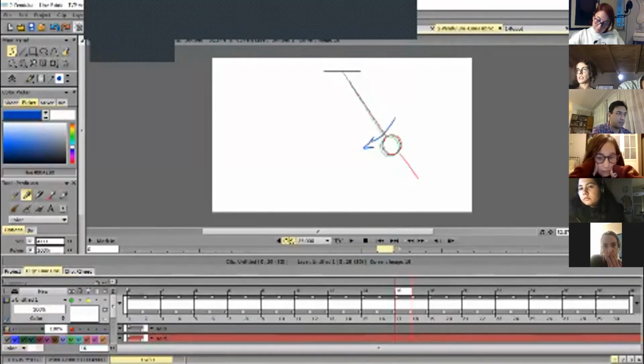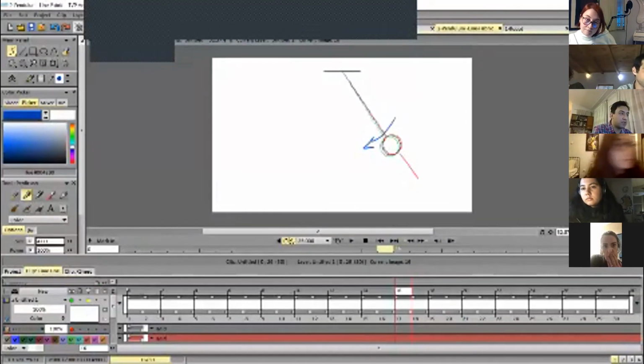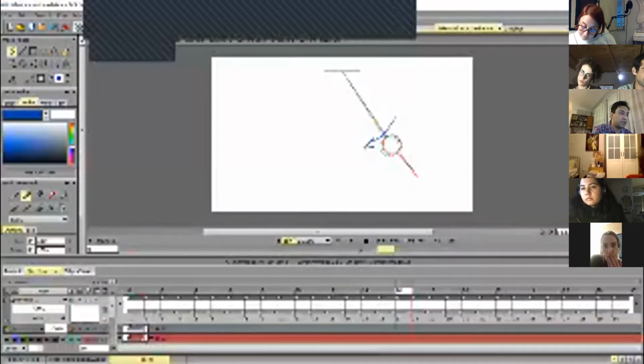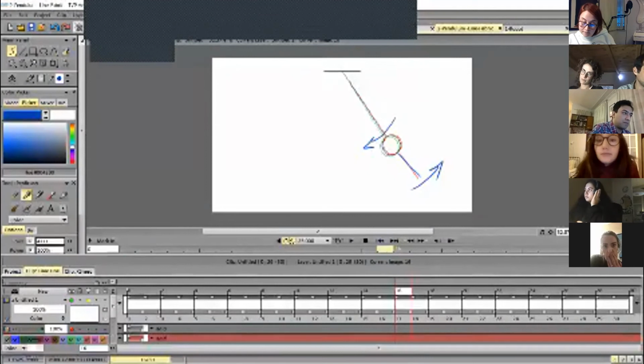Bir sonraki frame'de, bir sonraki karede obje geri dönmeye başlıyor. But the fabric continues to move in the previous direction. Ama kumaş ters yönde hareketine devam ediyor. This was follow through. İşte bu da follow through oluyor.